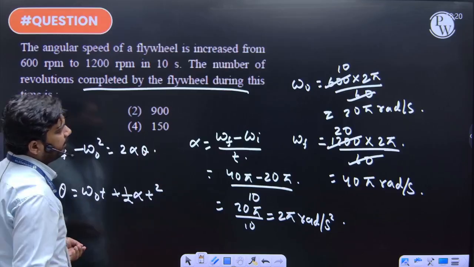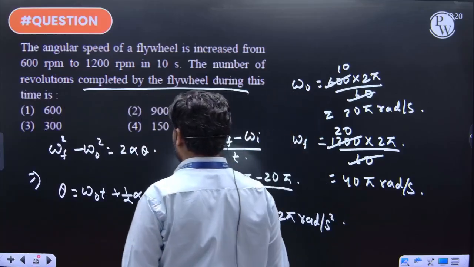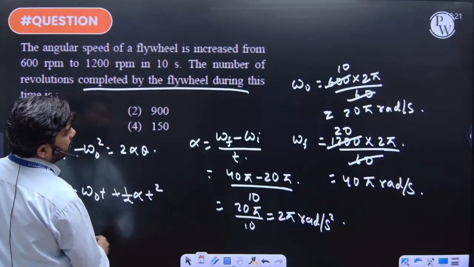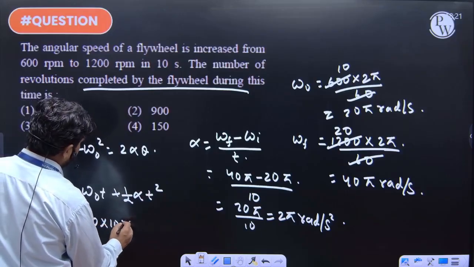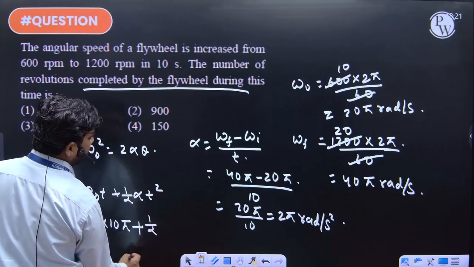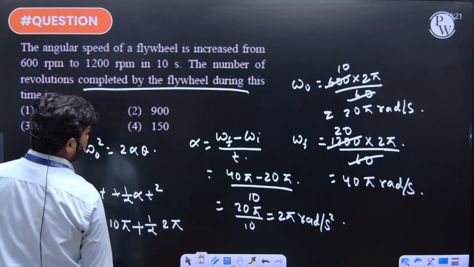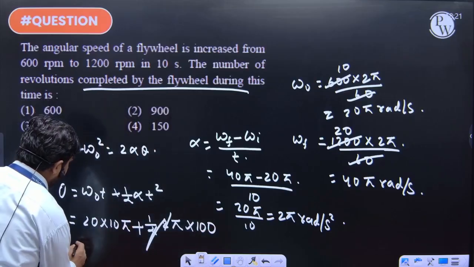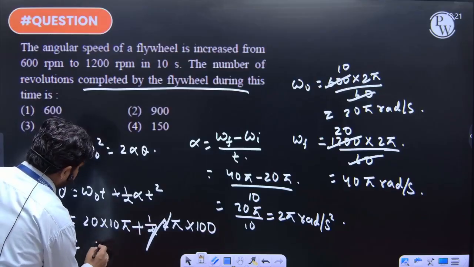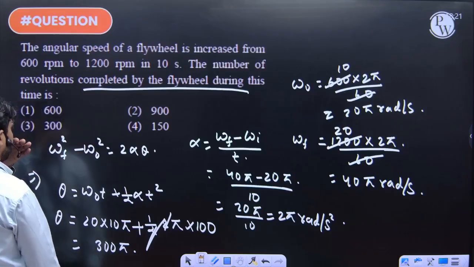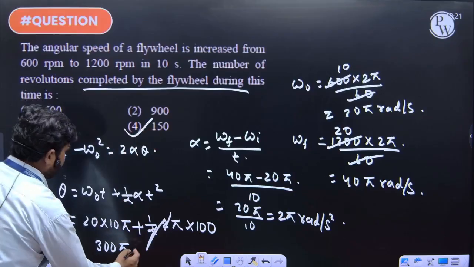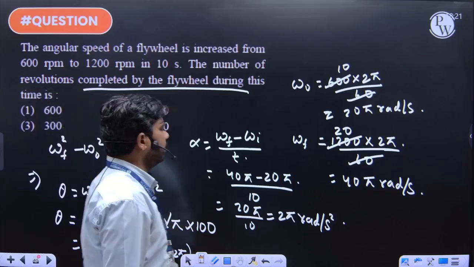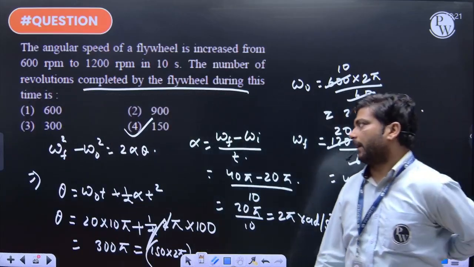So omega naught is 20 pi: 20 into 10 pi plus half, alpha is 2 pi, into t square, 100. So 200 pi plus 100 pi, that is 300 pi. So how many revolutions? 300 pi divided by 2 pi is 150 revolutions. Done. Next.